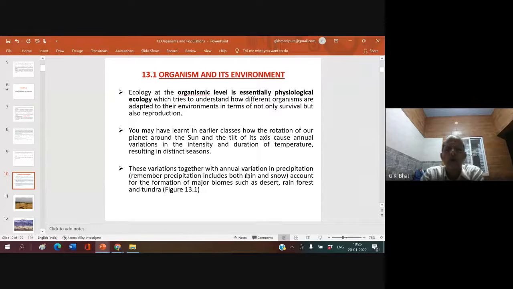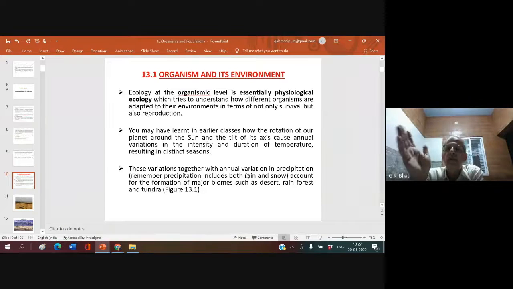Ecology at the organism level is essentially physiological ecology. That means we are studying ecology with reference to an individual. It tries to understand how different organisms are adapted to their environment in terms of not only survival but also reproduction.